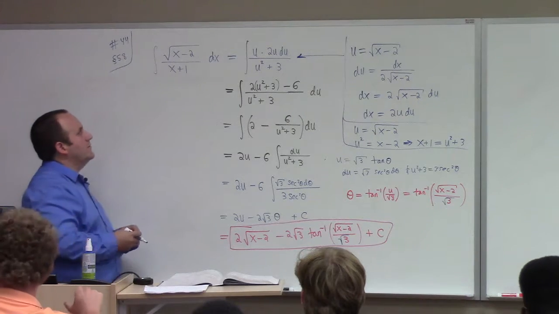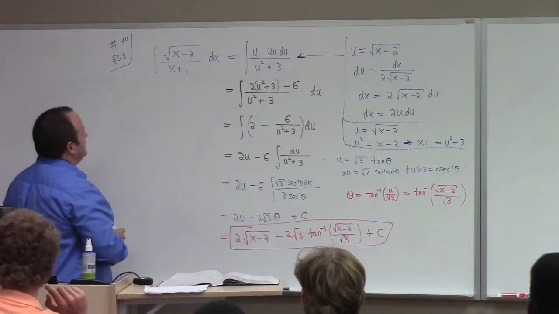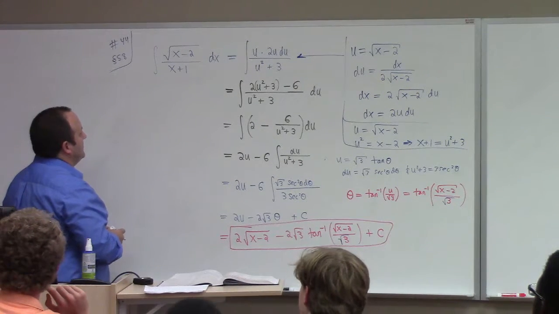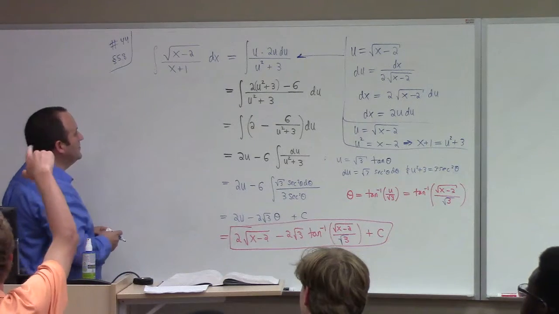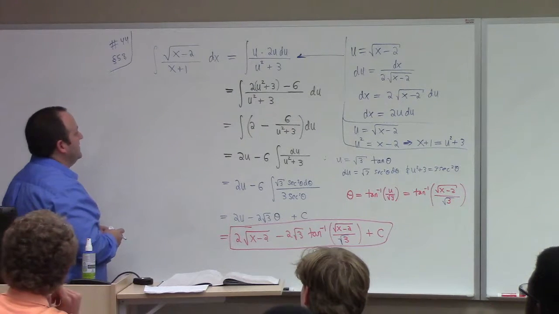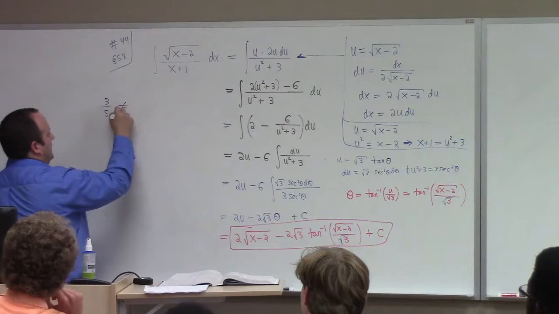way. Whoa. I mean, you can't just square numerator and denominator. This is not allowed. What? So I went square root of x minus 2 squared over x plus 1 squared. But that's a different thing, right? I mean, 3/5 is not equal to 9/25, right?